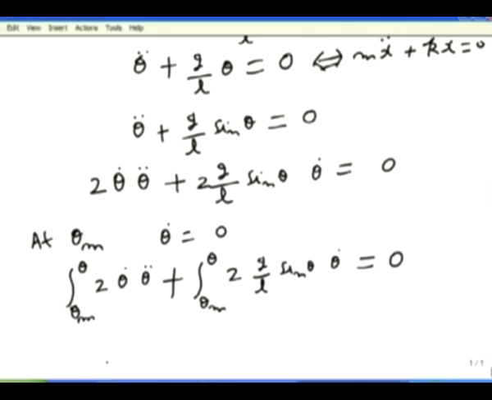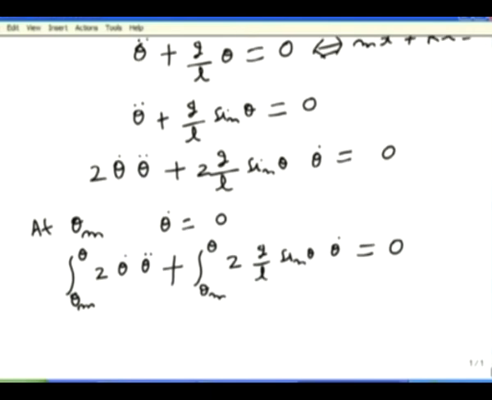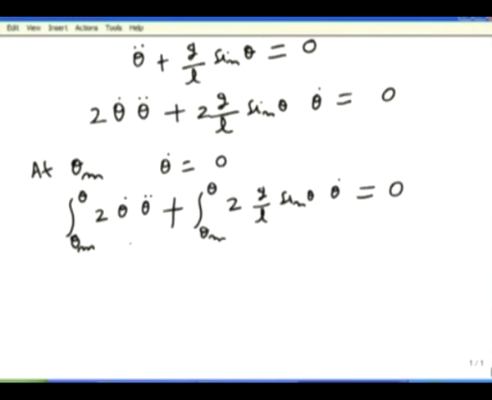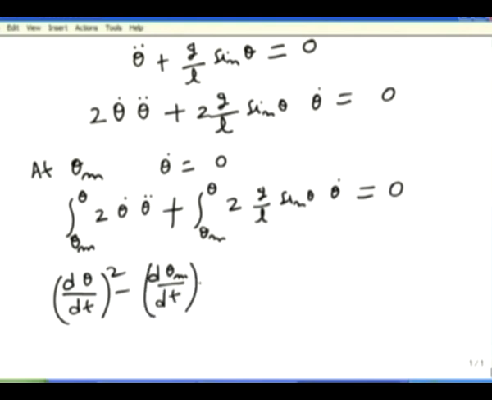Now, if you integrate this and put in the limits, this will be d theta by dt whole square, minus d theta by dt at theta m squared, that means the derivative at theta m, but that is 0.